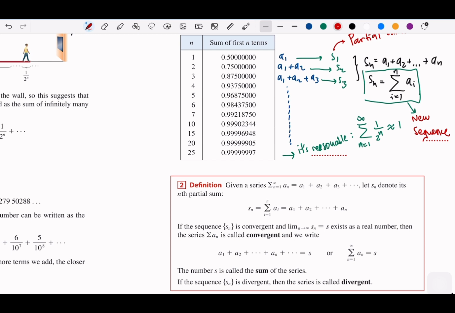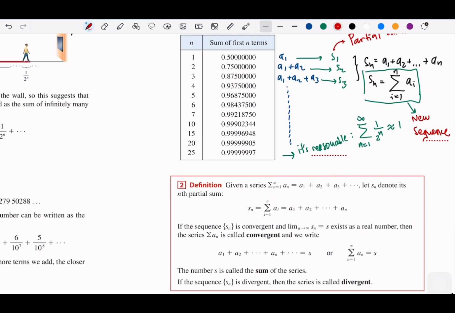Now since we are going to find whether the series is convergent or divergent, there will be several methods, several techniques, at least 8 or 9, which we are going to apply to prove whether it is convergent or not.